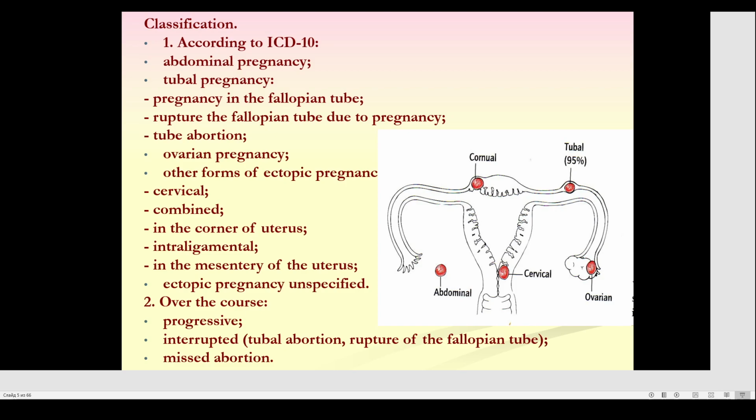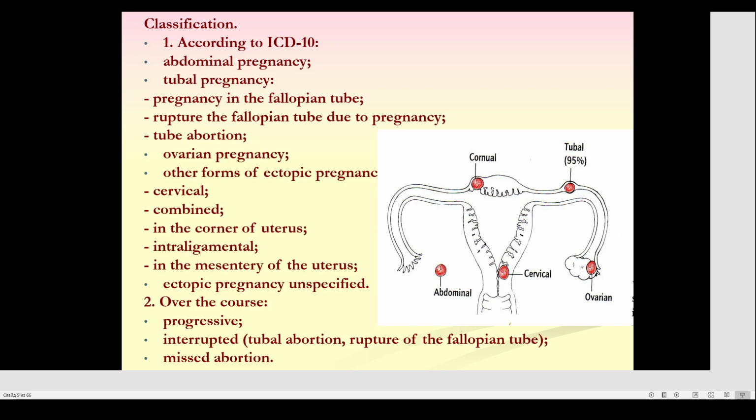Another location is ovarian pregnancy and other forms of ectopic pregnancy, such as cervical, combined, in the corner of the uterus if some abnormalities of the uterus are present, intraligamental, which is one type of abdominal pregnancy, in the mesentery of the uterus, and ectopic pregnancy unspecified.